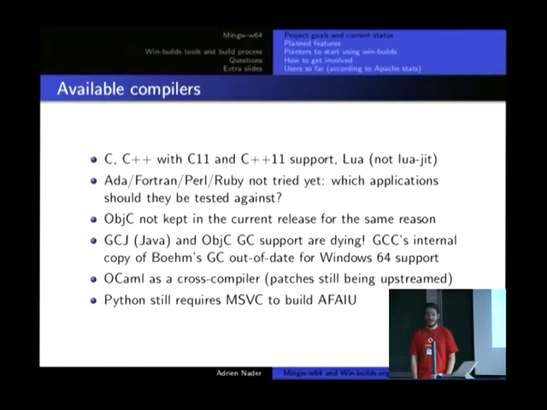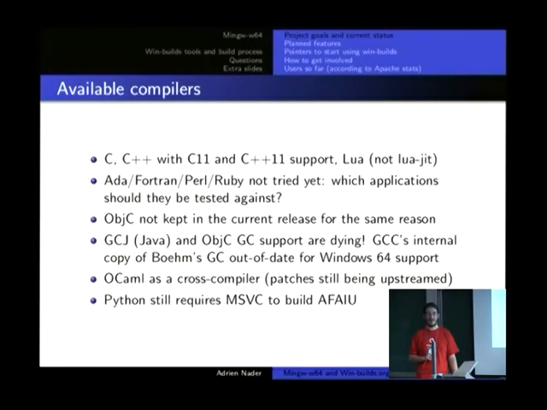Yeah, so Objective-C, I had them, but same, I build nothing which is Objective-C. I know someone who used NeXTSTEP stuff on Windows, and the compiler works, but I haven't tried since then. Oh yeah, if you care about Java or Objective-C GC support, you better do something now, because GCC 64-bit cannot be built.